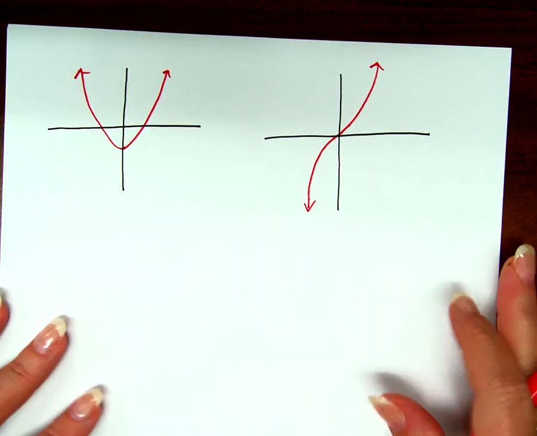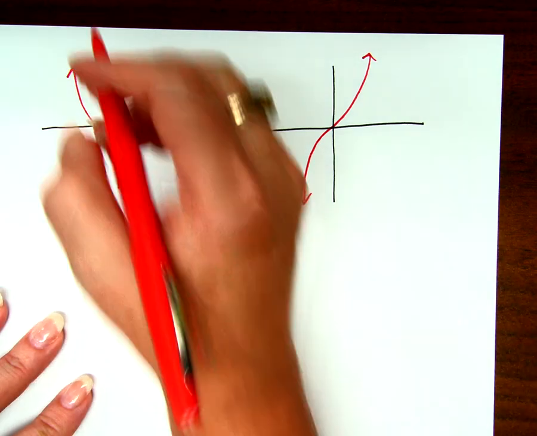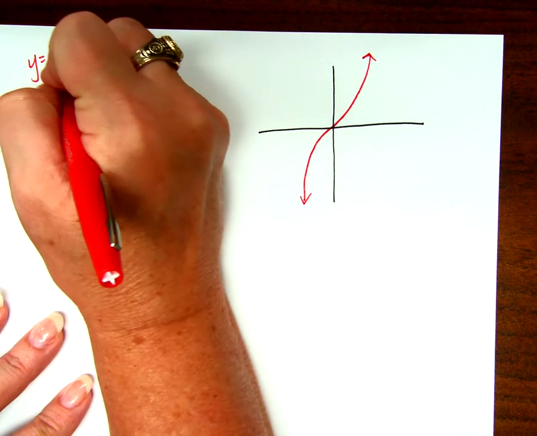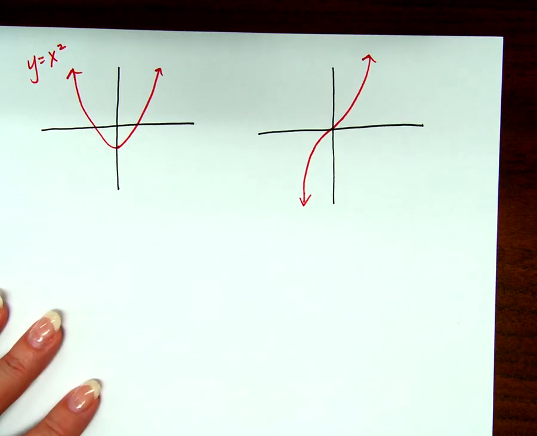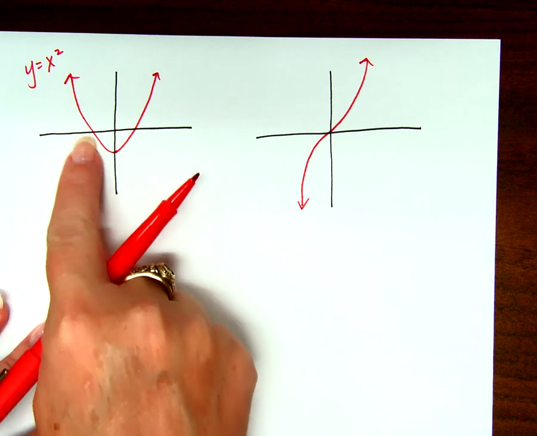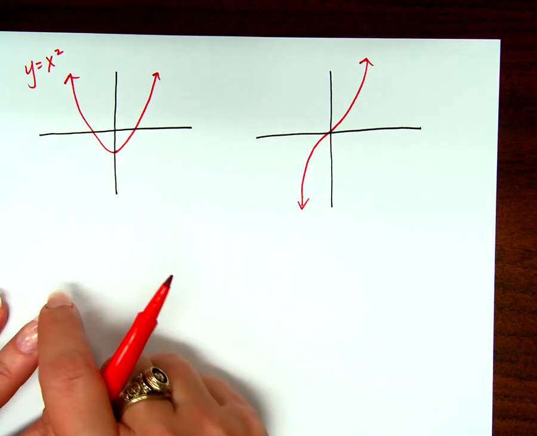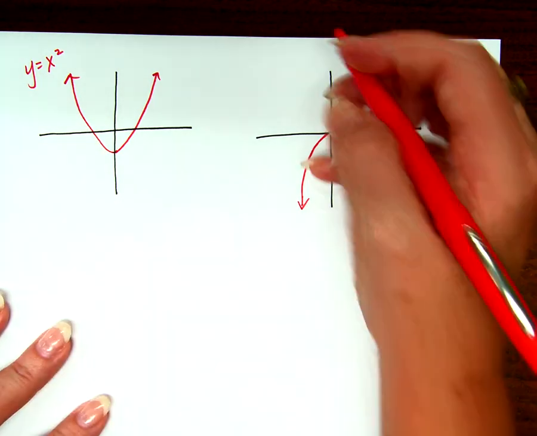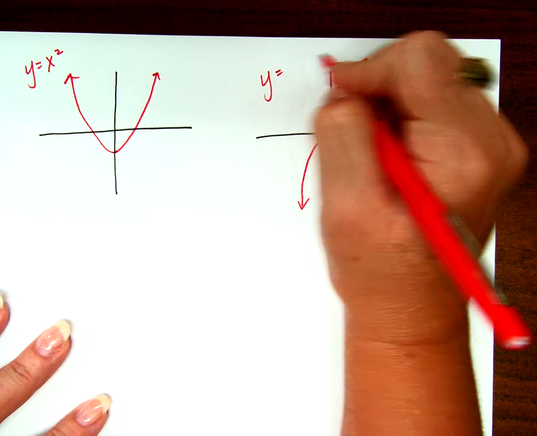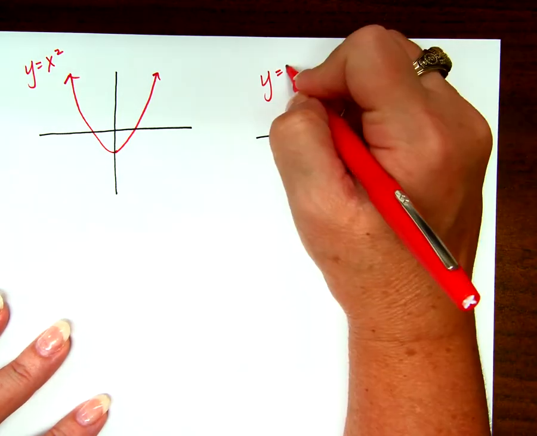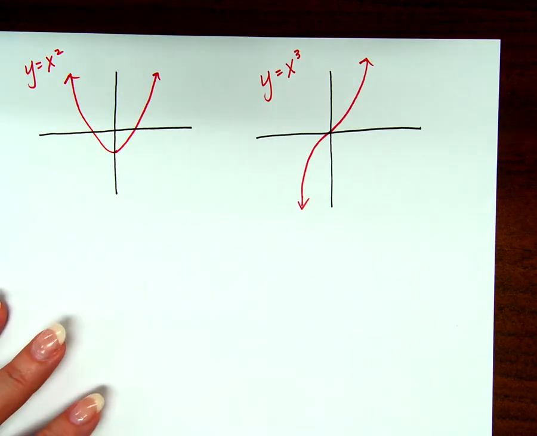We've already talked about them in this class as well, right? This is y equals x squared, a parabola. I kind of messed up right there. Please forgive me. It should be a little rounder. And this one is what? Do you remember? Y equals x cubed. Yeah?